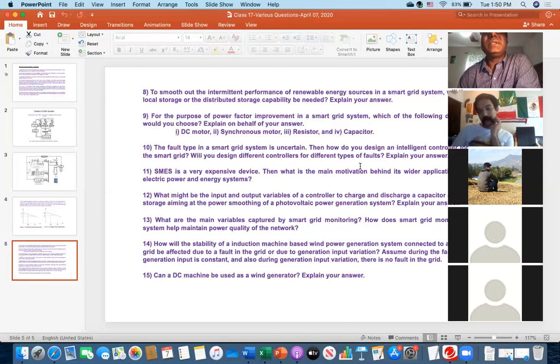So that time one type of controller will work fine. On the other hand, if it is not 3-phase short circuit, just 2-phase short circuit, in that case, short circuit current magnitude is lower. Similarly, voltage is not fully zero, it has some. So at that time, another controller will work fine for the system.